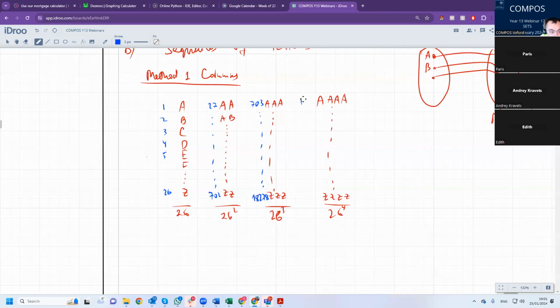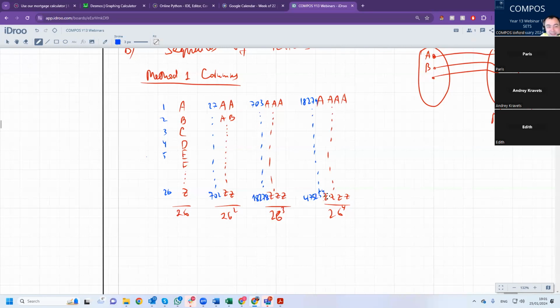So this word is going to be 18,279, all the way down to something really big, plus 26 to the power of 4, 475,254.